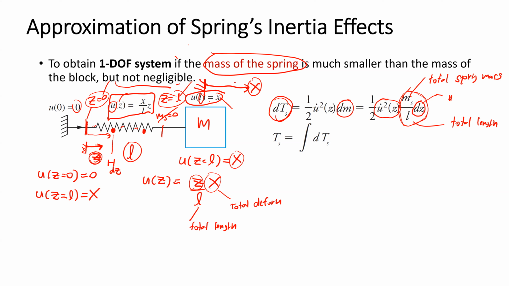So dT is the small kinetic energy of a small part, and the total kinetic energy is equal to the integral of dT. The limit of the integration is when we vary z. z has the value of 0 on the left of the spring and goes to L on the right of the spring.